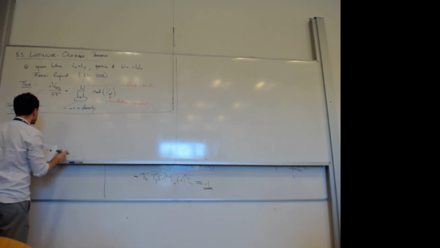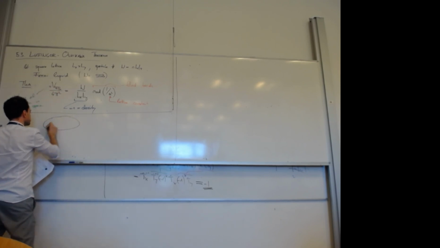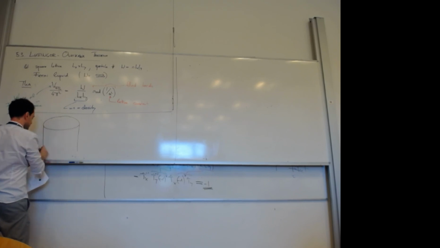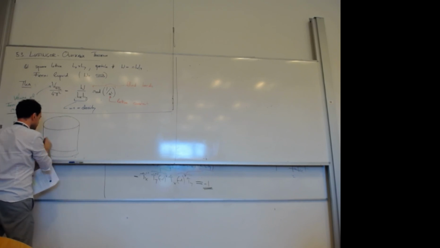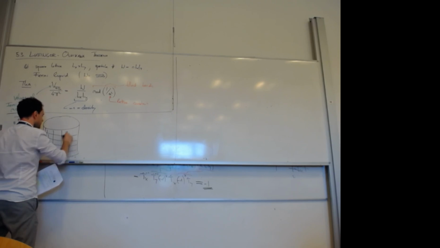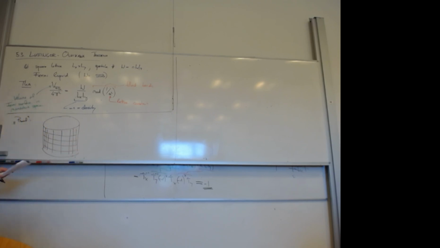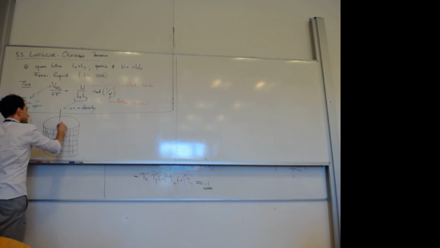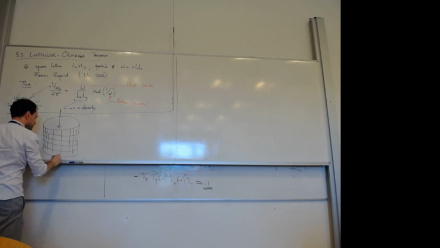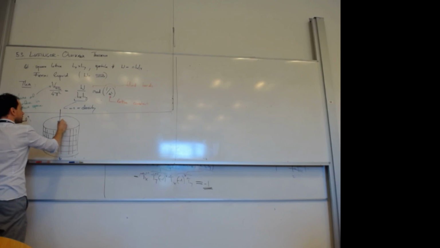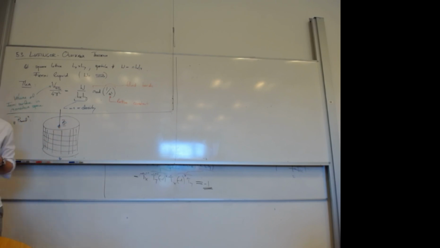So we have here a cylinder, and on the cylinder we have our lattice. I'm trying again to draw this three-dimensionally. Then what we're doing is inserting a flux all the way through, and we're ramping it up from 0 to 2 pi.